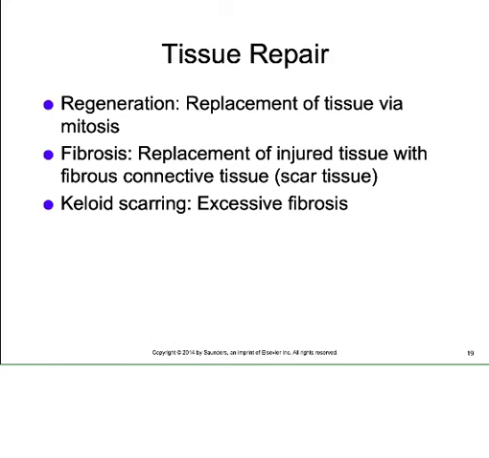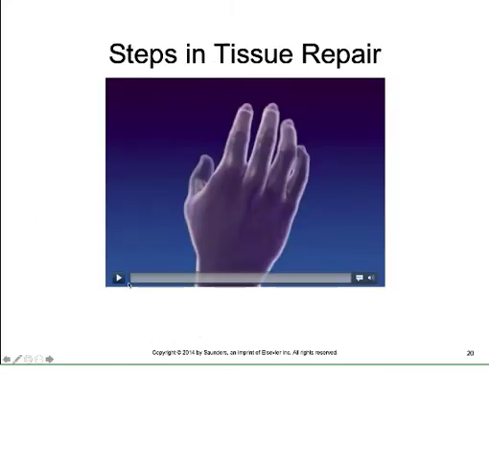In fibrosis, it's different. The damaged tissue is replaced by connective tissue, which basically just patches the hole, and the process again is kicked off by chemicals that are released from the damaged tissue. So this is a look at the steps in tissue repair.